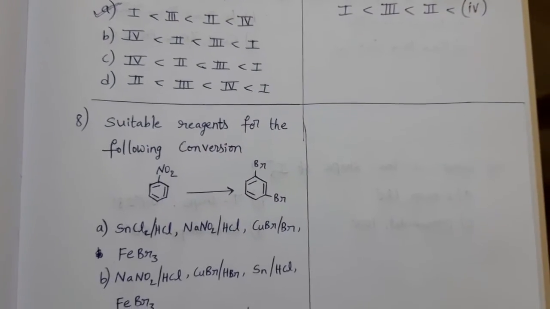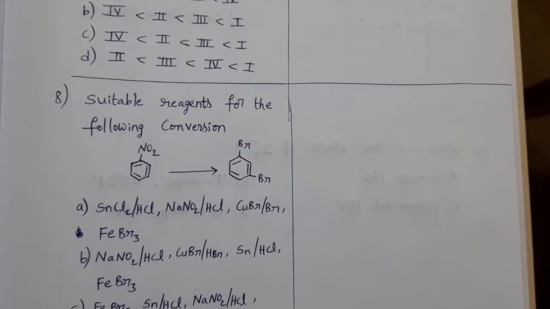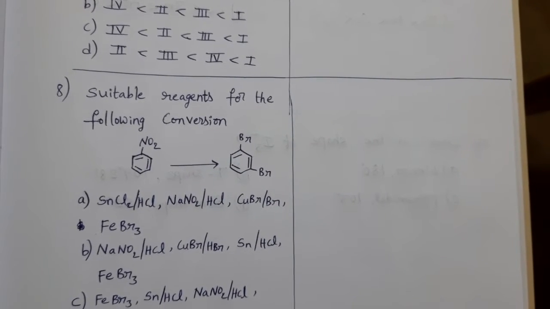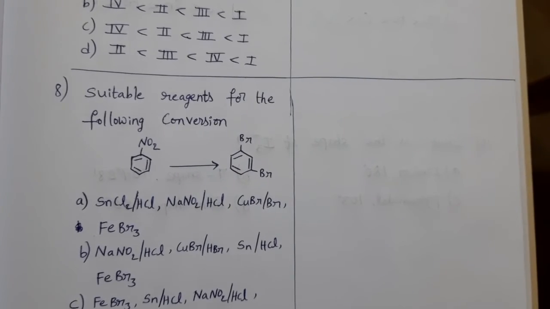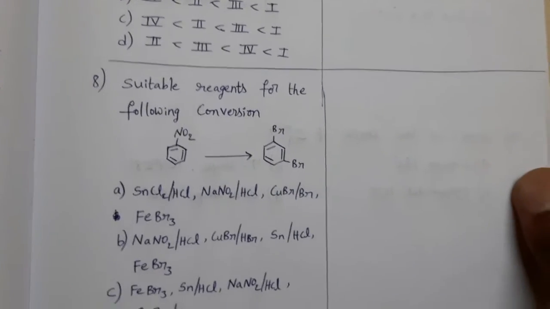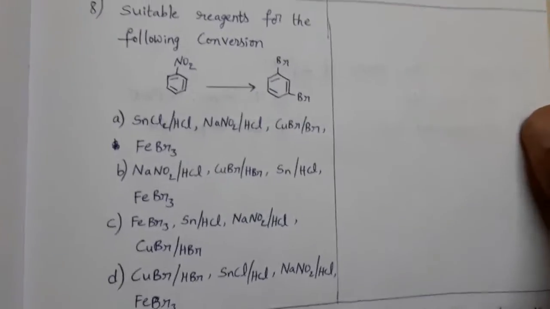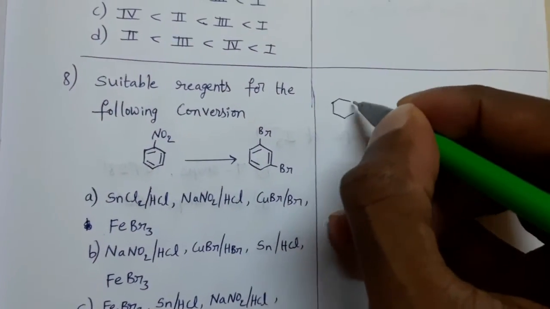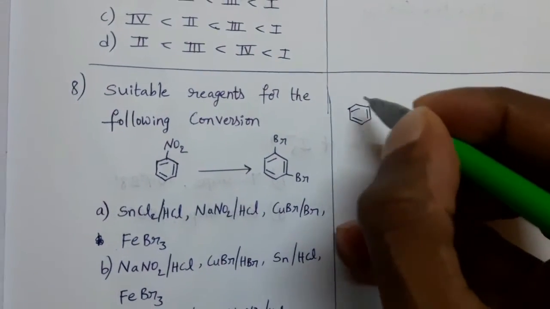Next, suitable reagents for the following conversion. Nitrobenzene is converted to metadibromobenzene. For this we should find out the reagents. See this one. This is the reactant, nitrobenzene.